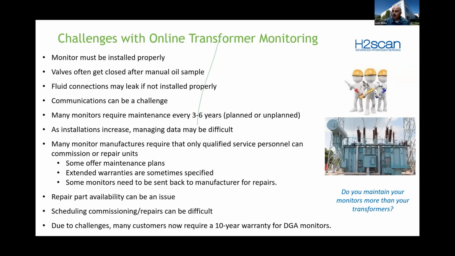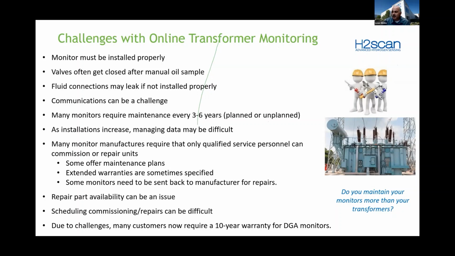And so larger utilities with bigger plans are developing asset health centers where they have dedicated staff that are responsible for ensuring that the sensors are working, the data is being brought back, and being utilized in a proper fashion to ensure that you're really getting the benefits from that monitoring.